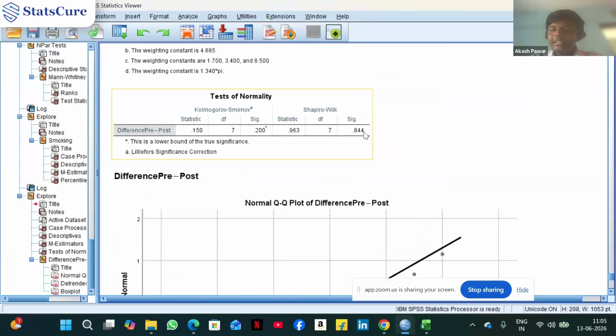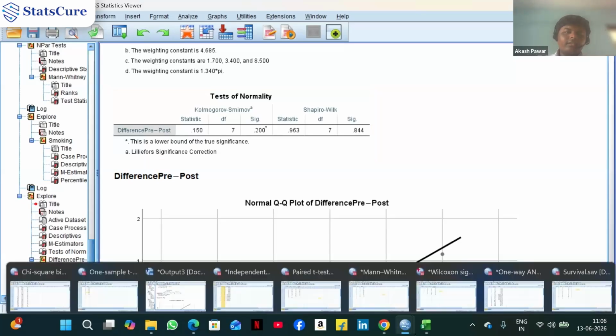Yeah, the differences are normally distributed. And hence we can use the paired t-test for comparison, which is the correct one. However, since we just have to show you this Wilcoxon signed rank test, we would use the signed rank test example here as well.